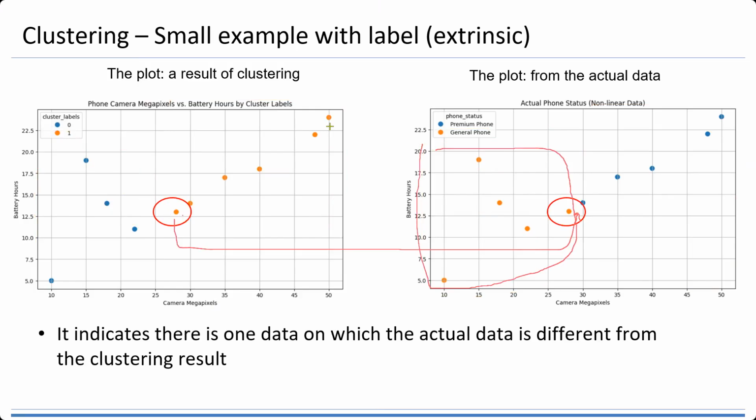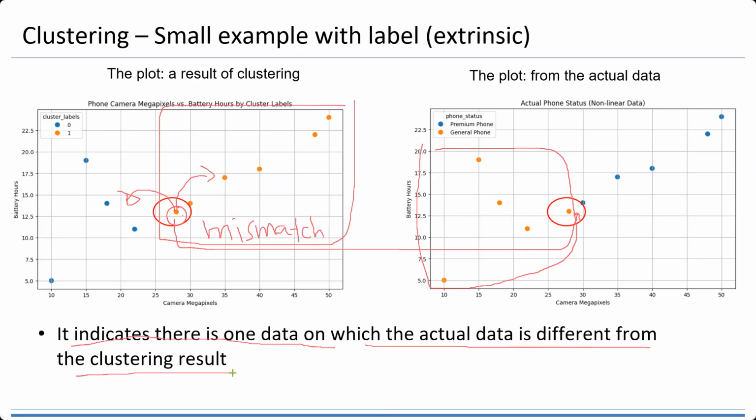But the clustering results show that it belongs to this group. So there is a mismatch. Okay, we sometimes call this a mismatch. It should be here, but the clustering shows that it belongs to the other group. So it indicates there is one data on which the actual data is different from the clustering result.